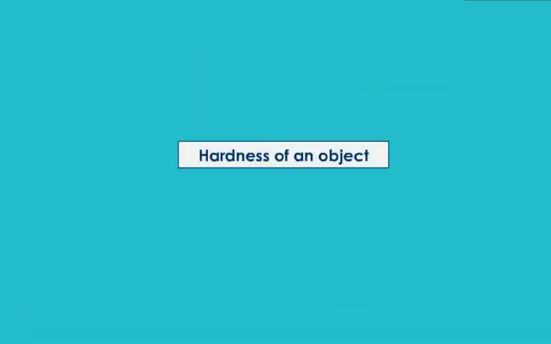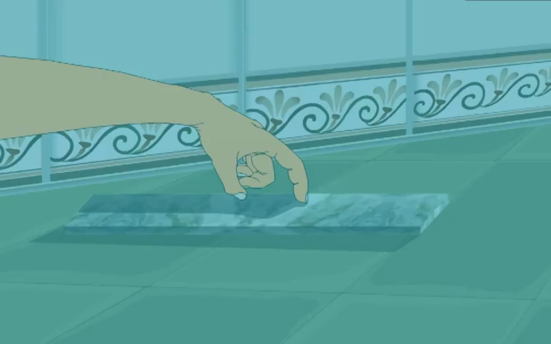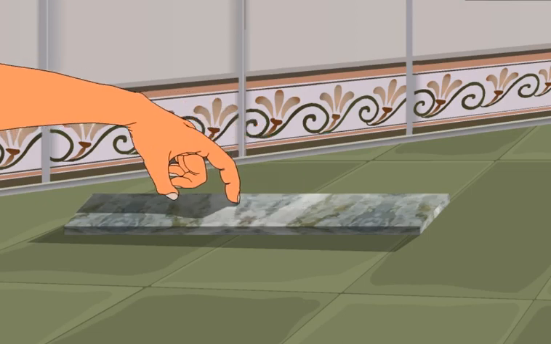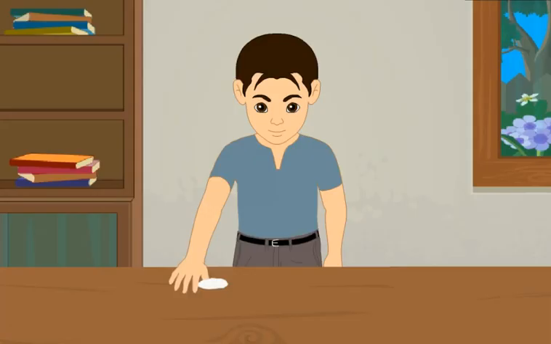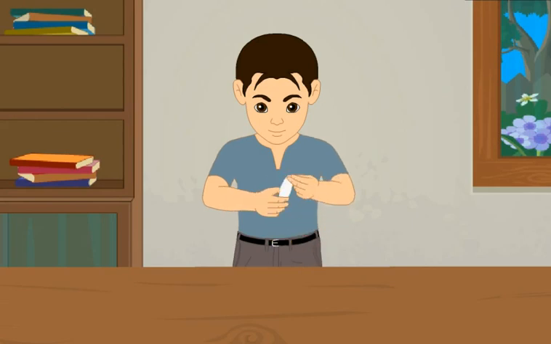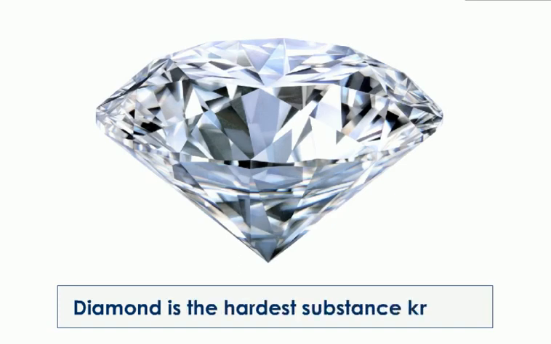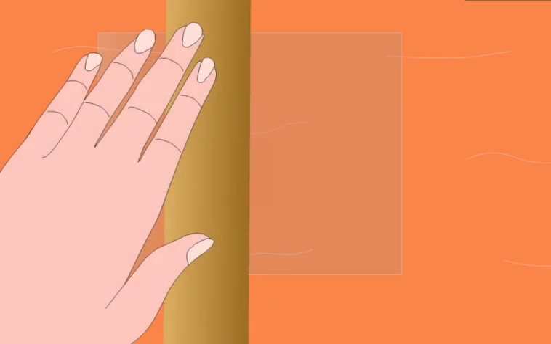Now, hardness of an object. Students, a hard substance is difficult to scratch, whereas a soft substance can be easily scratched. Diamond is the hardest substance known. Impure diamond is used to cut glass.